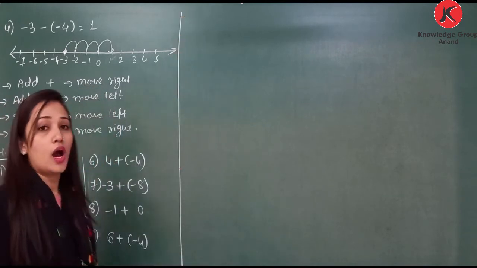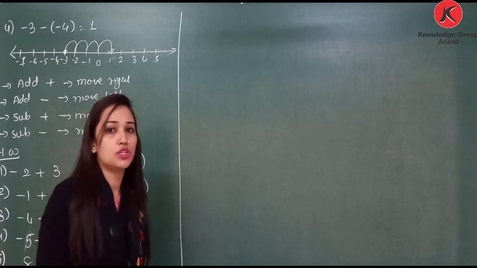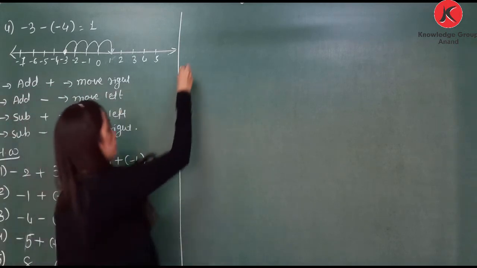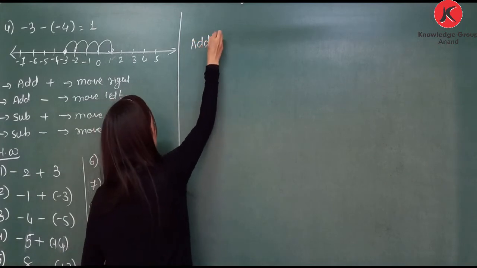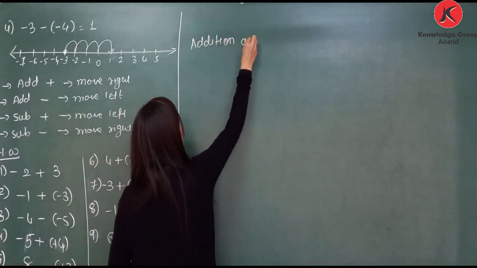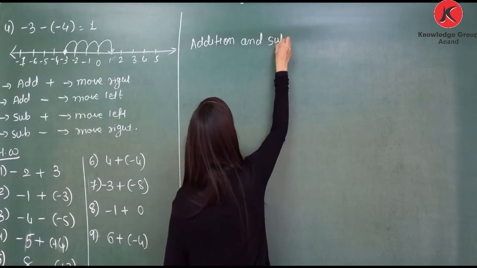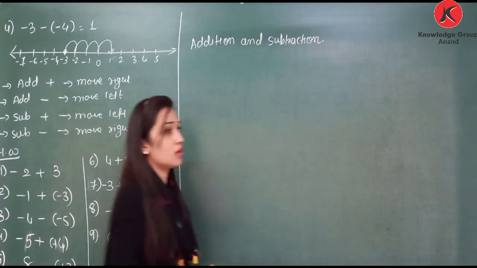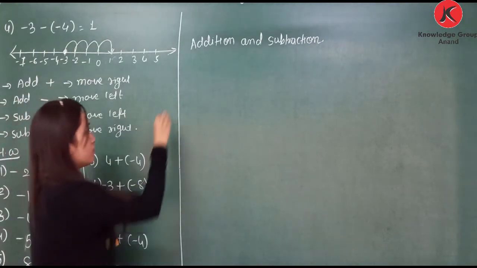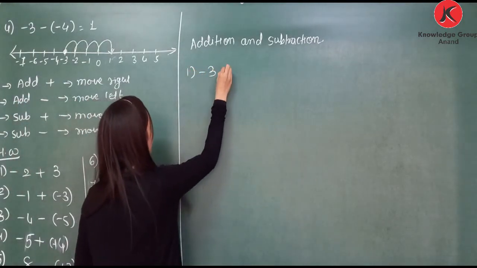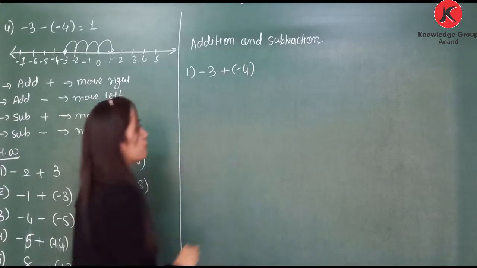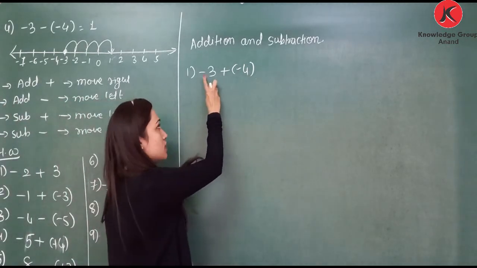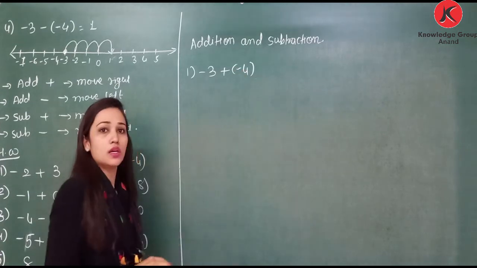Now, how to perform addition and subtraction without the number line? If I give you an example like -3 plus -4, without the number line, here you can see the sign of 3 is negative, the sign of 4 is also negative.